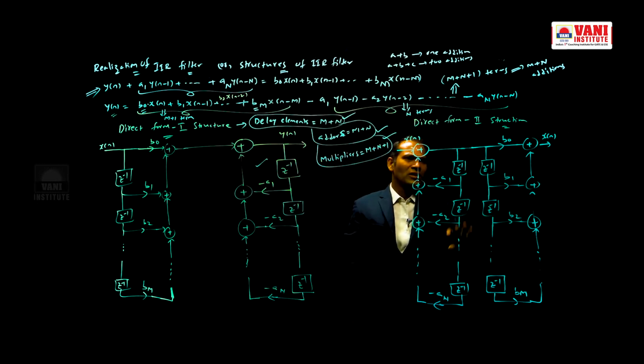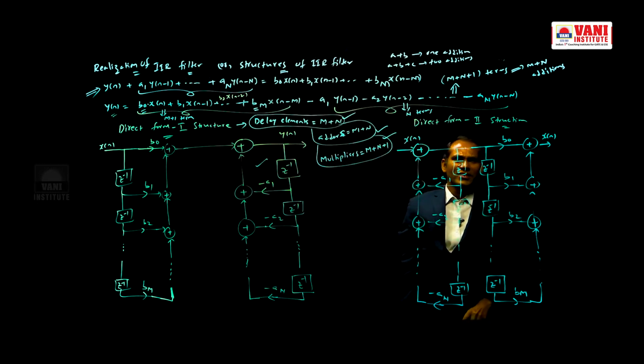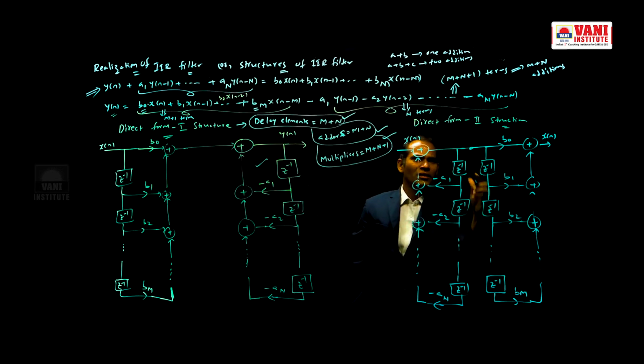Now, observe this diagram carefully. After interchanging, if you observe carefully, this signal is going like this and like this. Here it is passed through one Z inverse block, here also a Z inverse block. The same signal is going like this, like this.